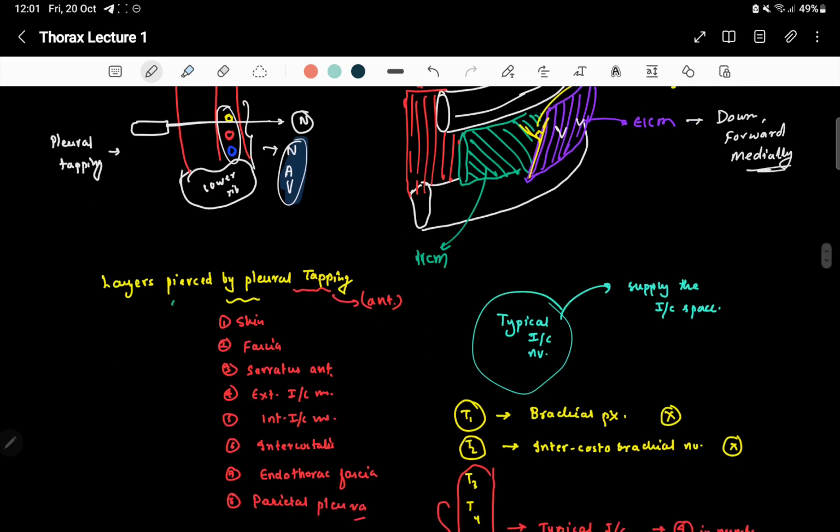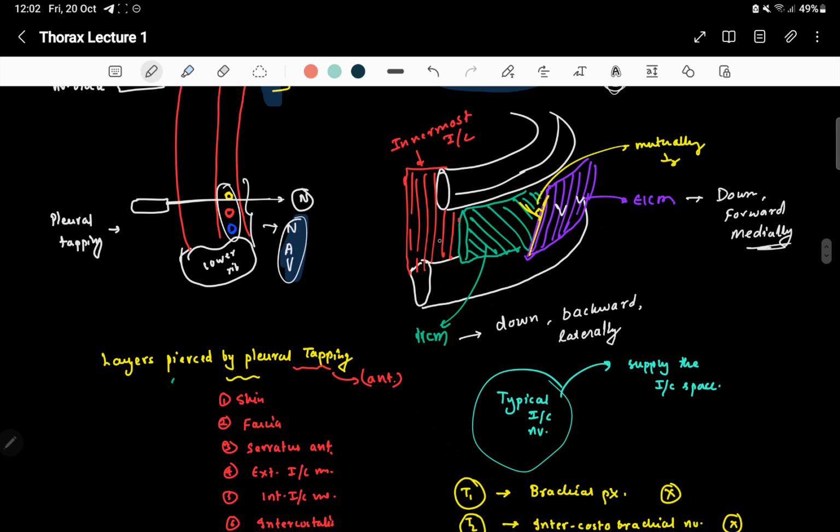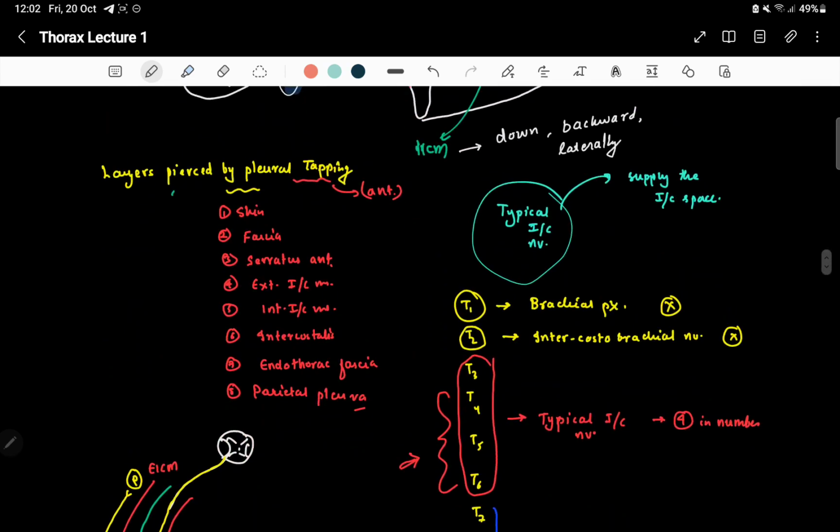The internal intercostal muscles travel downward, backward, and laterally. And the innermost layer also lies downward, backward, and laterally, or straight down, just a little bit laterally.